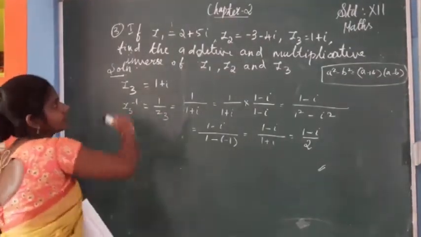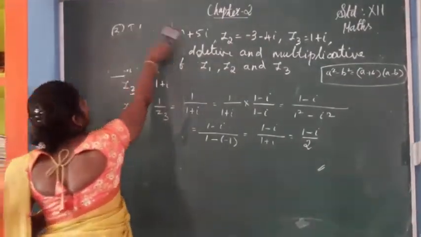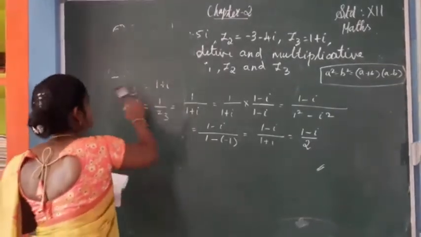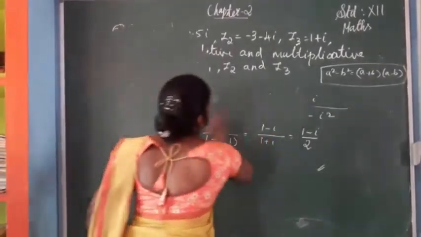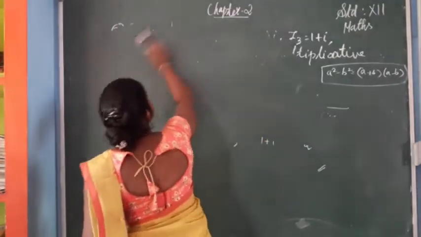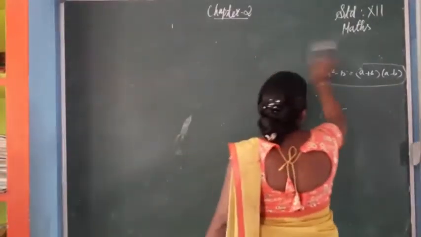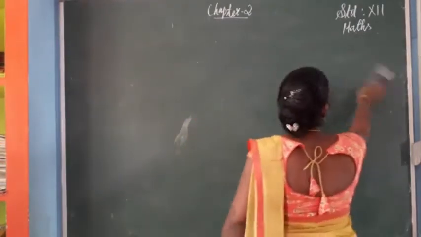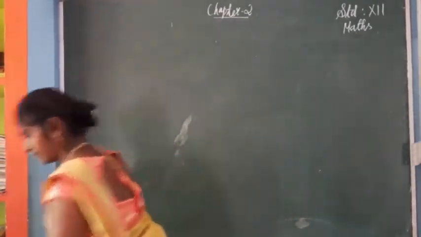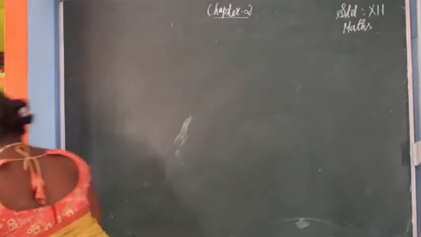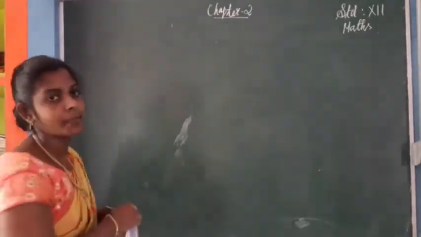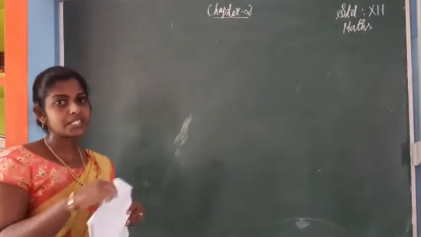So now we can move to the next topic, conjugate of complex numbers. For conjugate of complex numbers, we have the properties.